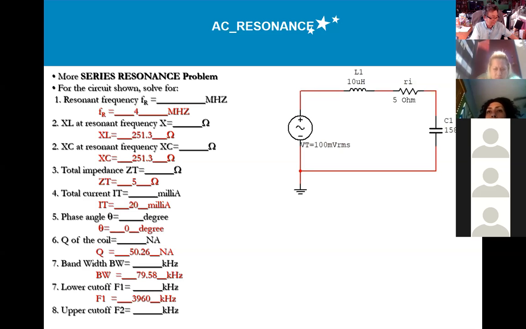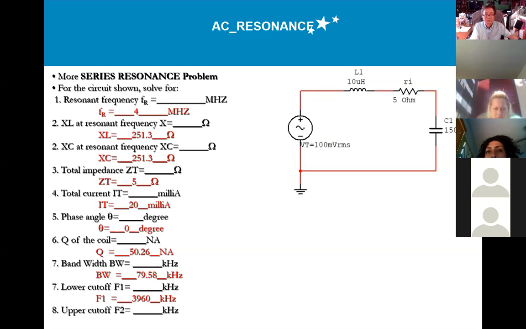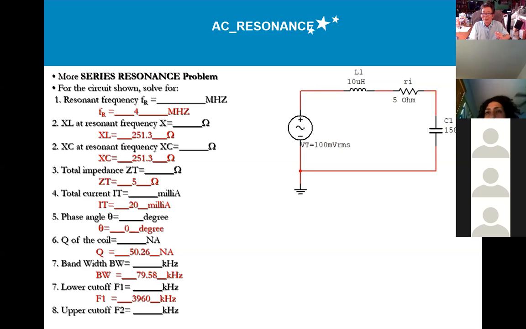I think it's 4 kilohertz. Someone told me the resonant frequency is 4 kilohertz, but I get 4 megahertz. Who else can get 4 megahertz?